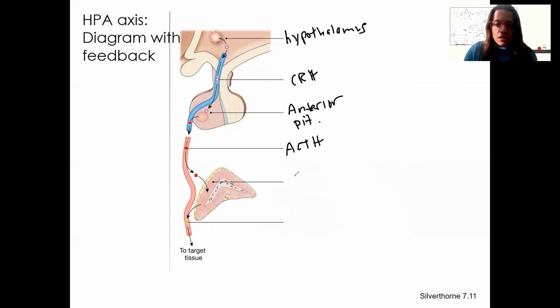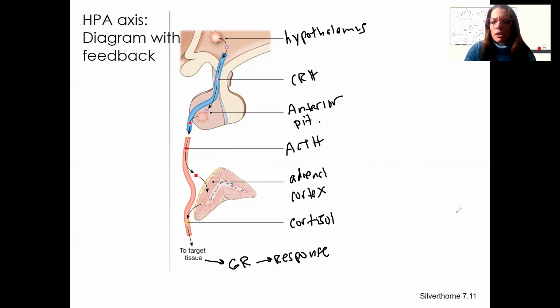ACTH is going to target the adrenal cortex, part of the adrenal gland, which is going to release cortisol. Cortisol is then going to target tissues and cause a response. This is going to bind to glucocorticoid receptors, cause a response.